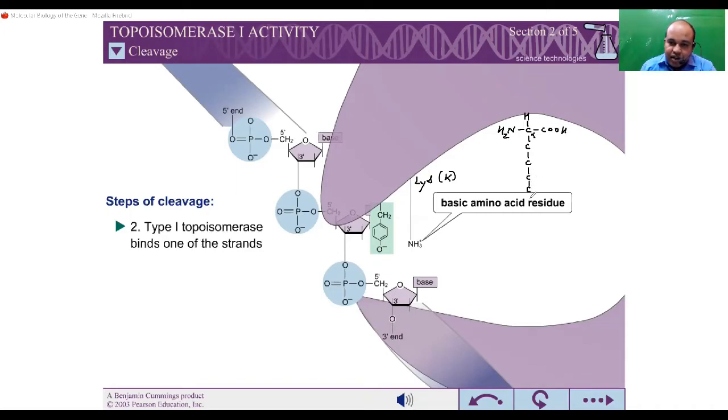And epsilon contains an amino group, NH2 group. And it is this amino group that is going to attack. This is alpha, beta, gamma, delta, and this is epsilon. And it is this epsilon group that will be attacking.